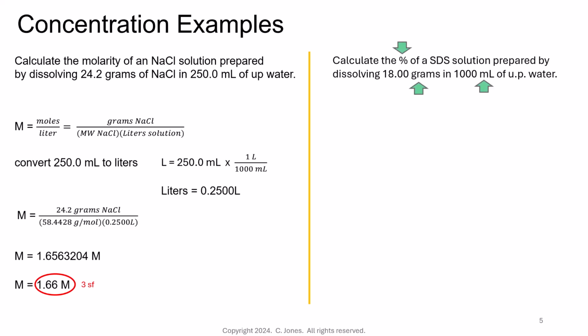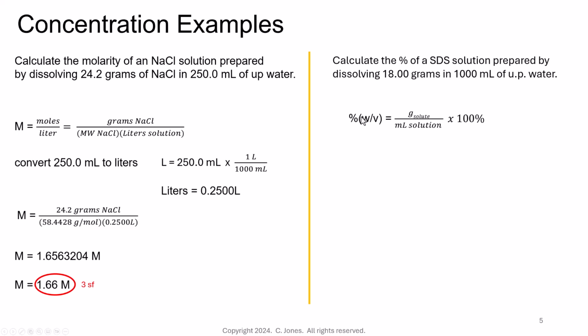All right, so this is a percentage problem, right? But we have grams and we have milliliters. And if you remember, milliliters is the unit of volume we want for percentage. So this is grams. So this is going to be a weight volume problem, right? We have grams here.